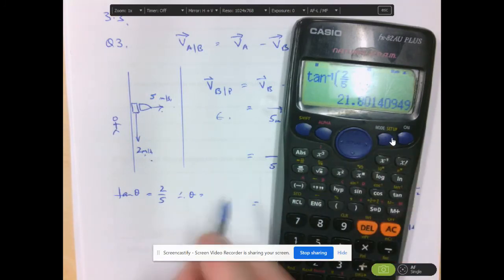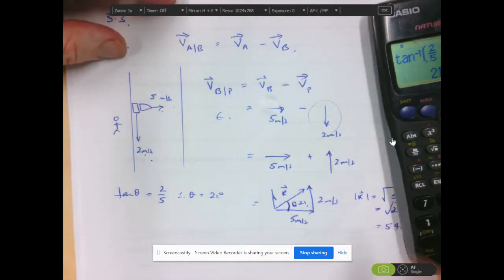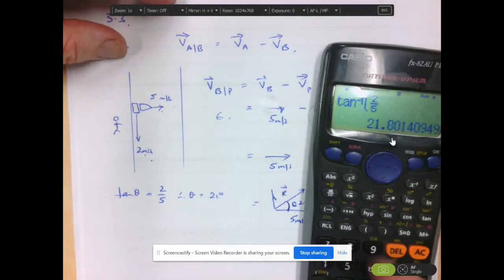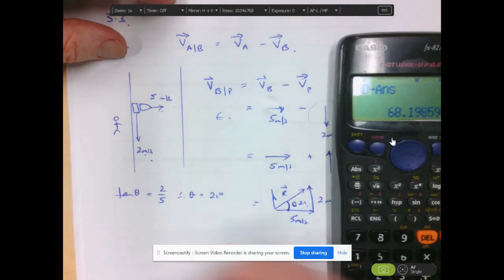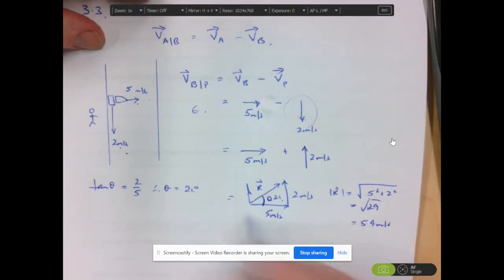That's 21 degrees. So that's 21 degrees there. And if you want to use a bearing, it would be 90 minus that. That's 68 degrees. So the resultant vector here would equal 5.4 meters per second at 068 degrees true.